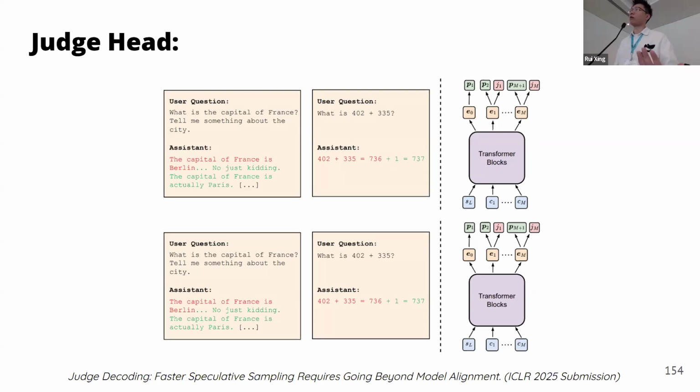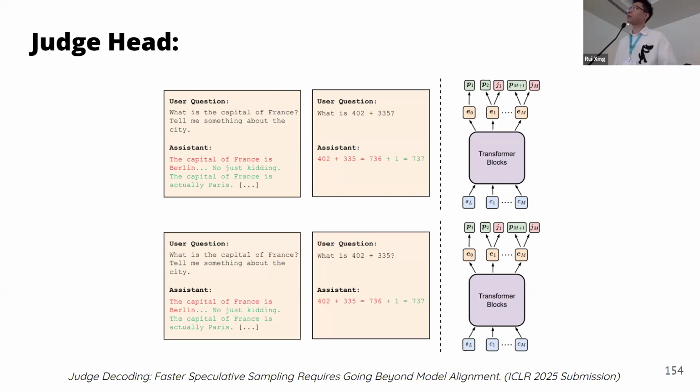And this value is from 0 to 1. If we get 0, it means that this draft token is not passed by human judgment. And if we get 1, it means that this draft token is highly aligned with human judgment. With the cooperation of this judgment head, we can have a soft requirement for the verification process, right?